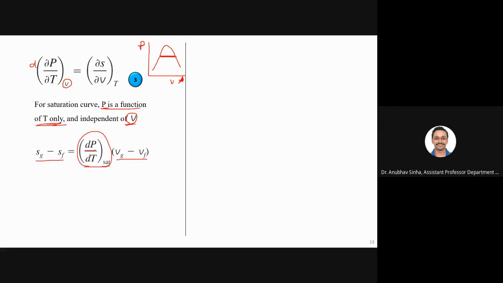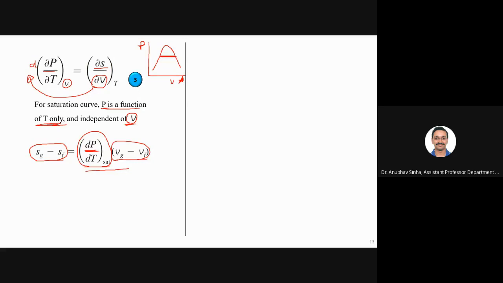If you take del V to this side and integrate, you will get delta S, which is shown here, and on the other side you will get delta V. And del P by del T is replaced by dP by dT. That is what we are doing here.